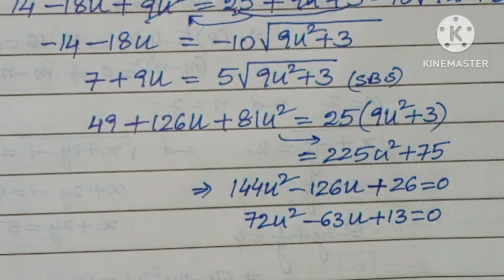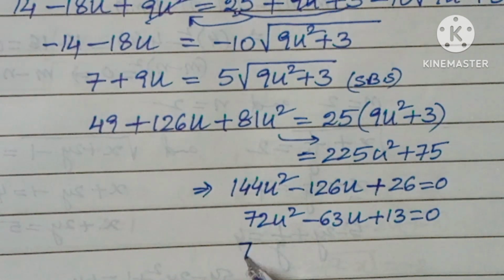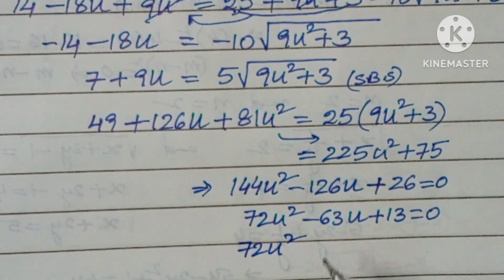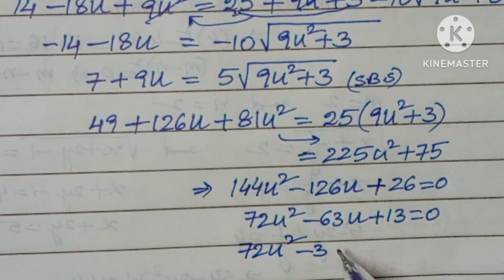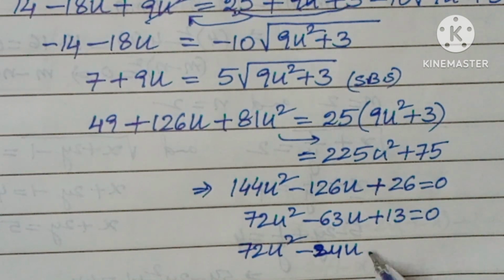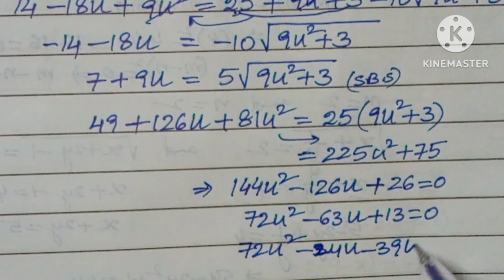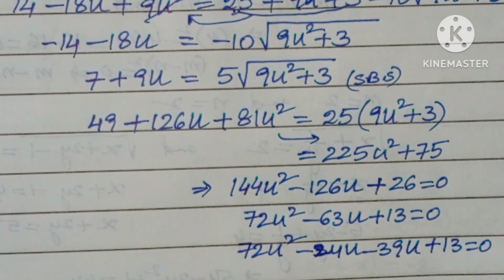Now we can factor this: 72u square minus 24u minus 39u plus 13 equal to 0.